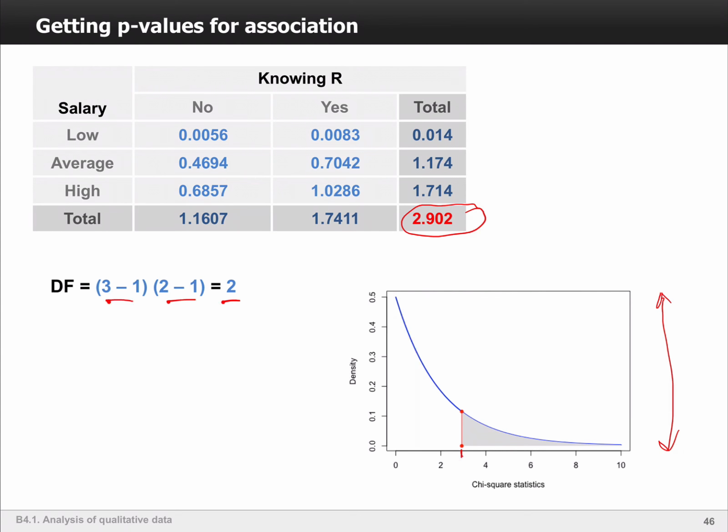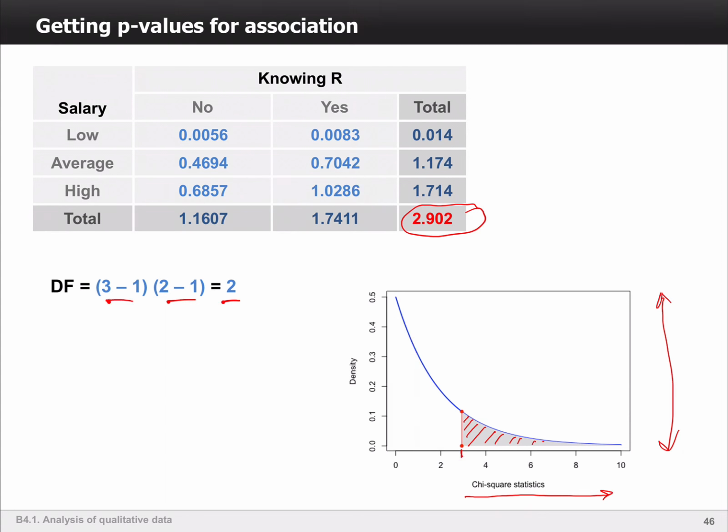Then, if you think about extremeness, what will be more extreme in this case for the null hypothesis? The null hypothesis assumes there is no difference. So the only statistic which is not extreme for the null hypothesis is 0, right? But the larger the differences, the bigger the chi-square statistic will be. So the direction of extremeness is this one. It means that the p-value is the right tail for the given statistic.